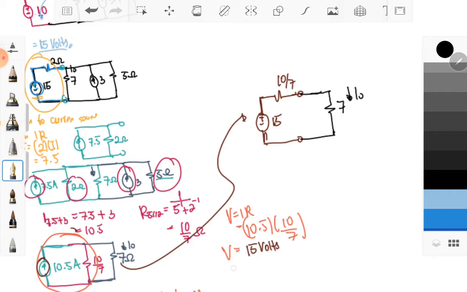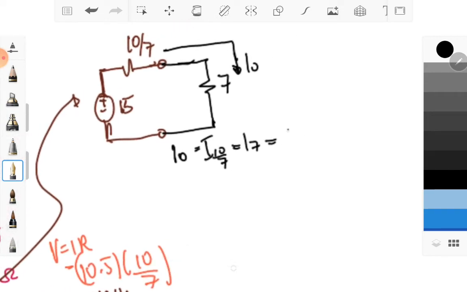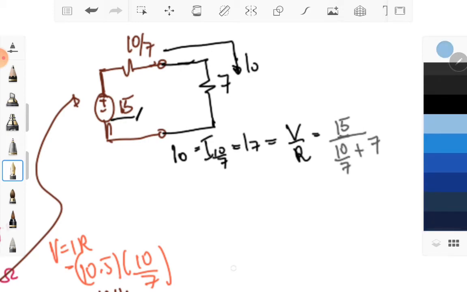Actually we can already solve it immediately. Since this is a series circuit, therefore IO is equal to I at 10/7, which is equal to I at 7, which is equal to V over R, wherein our V is equal to 15 volts all over our R is equal to 10/7 plus 7, the total of this resistor.